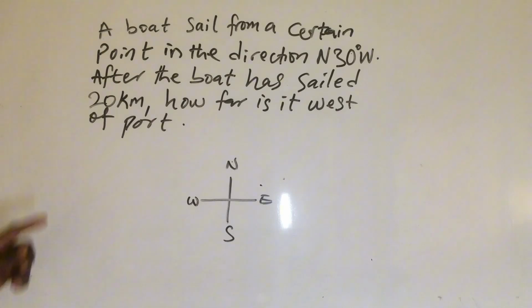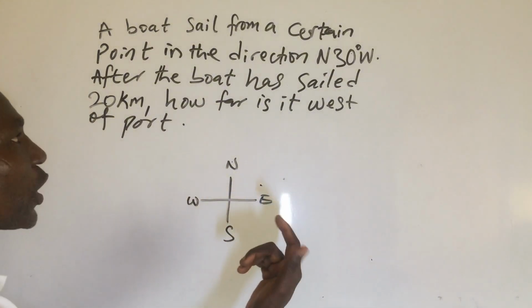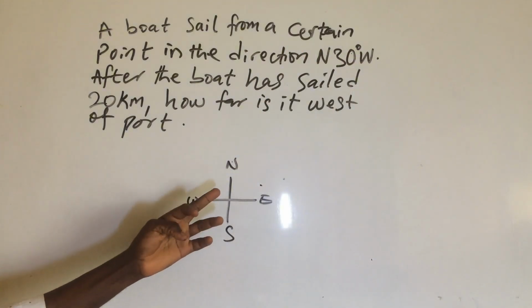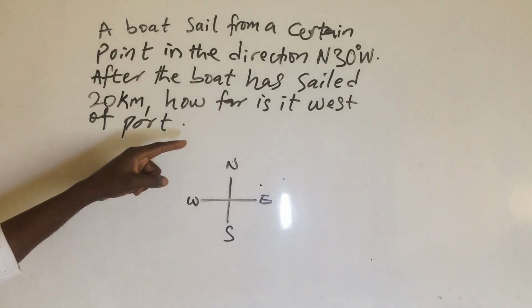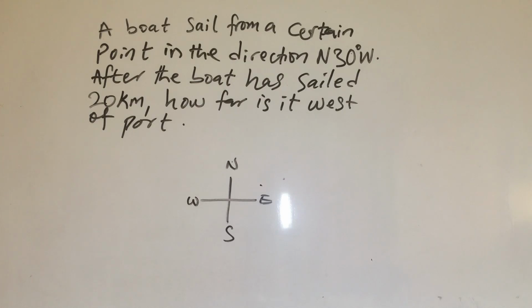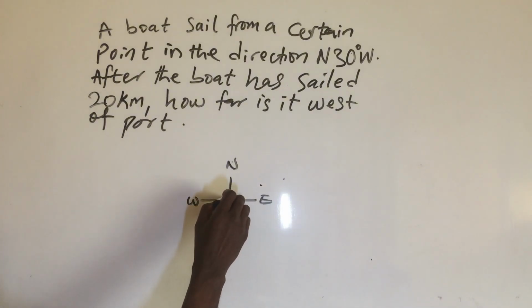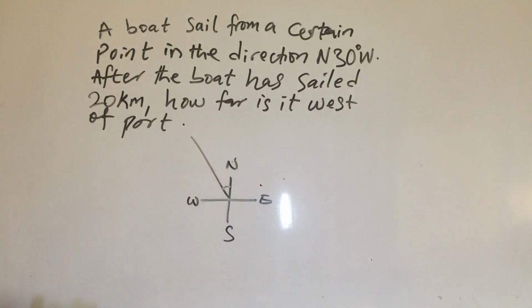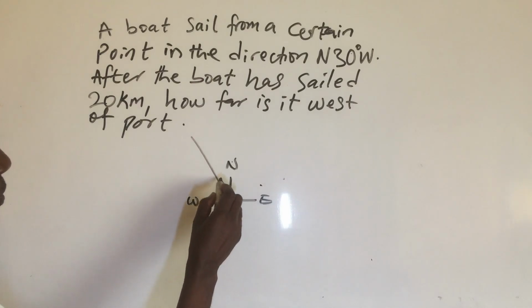Again, they give us the direction in which that boat will sail. They tell us that the direction will be 30 degrees west of north. Looking at it, it will be here, because this side gives us west of north. We locate this 30 degrees west of north from this side.